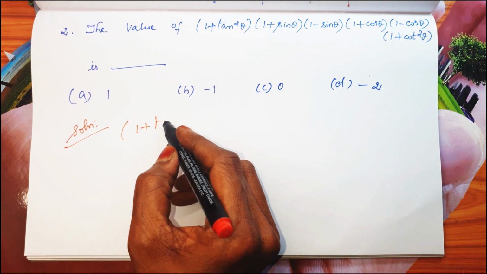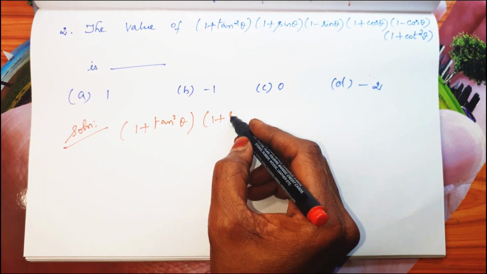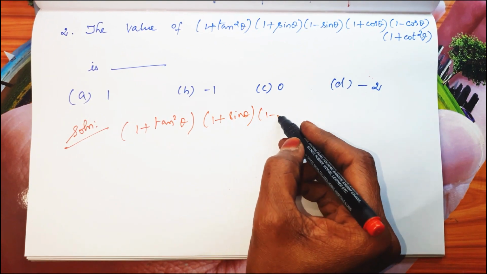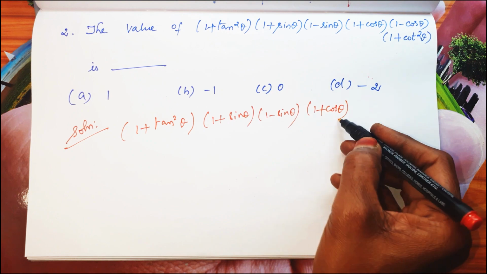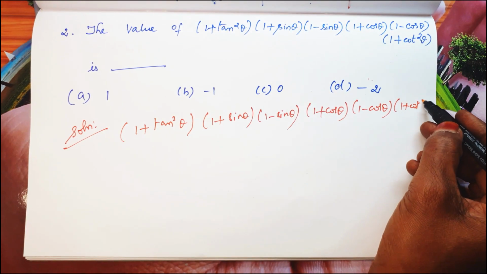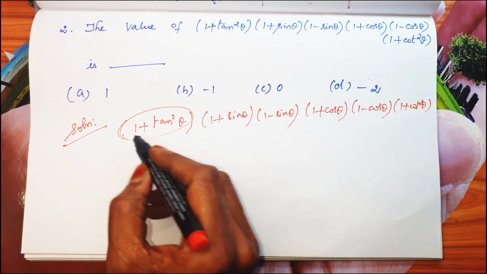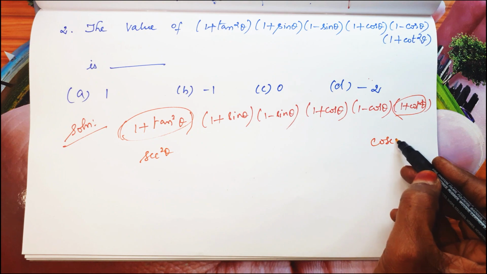So this is secant square theta and this is cosecant square theta.